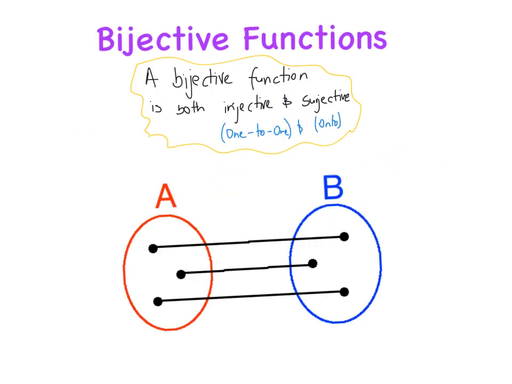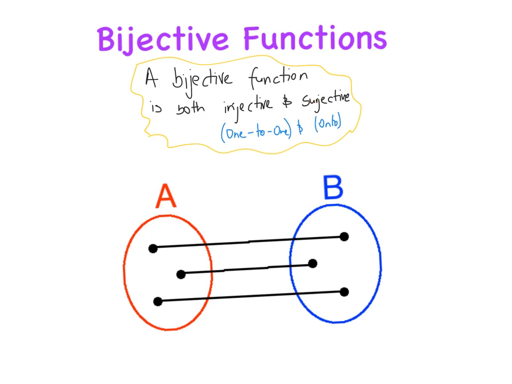So this is both because every element here in A is mapped onto a different element here in B. And so that's the injective part. And the onto, the surjective part, is that all of these elements here in B come from A. There are no extra elements.